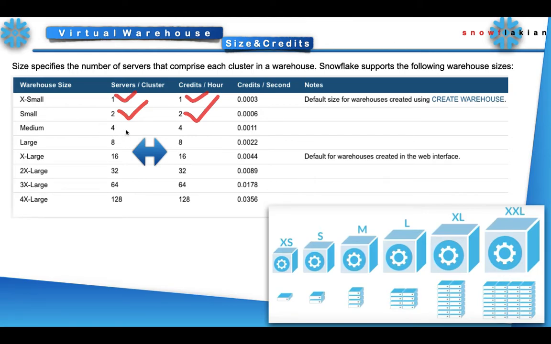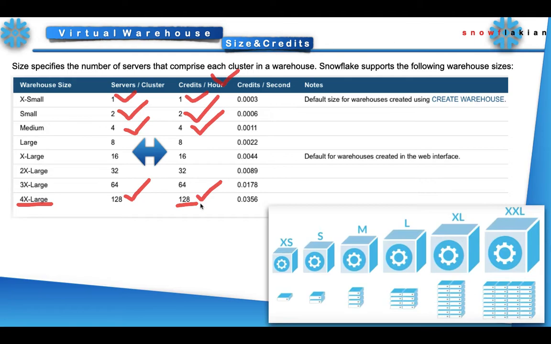Similarly, if you have four servers, you will be charged 4 credits per hour, and if your cluster has 128 servers, you will be charged 128 credits per hour. So if you are running a 4x large virtual warehouse, per hour you will be charged 128 credits. This is how you need to plan while creating the virtual warehouse based on your requirement.